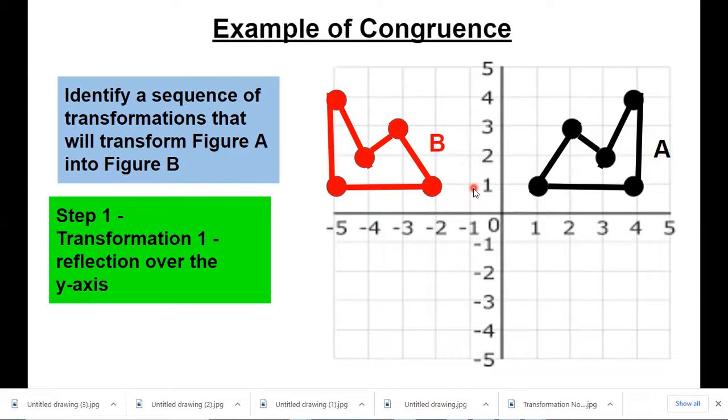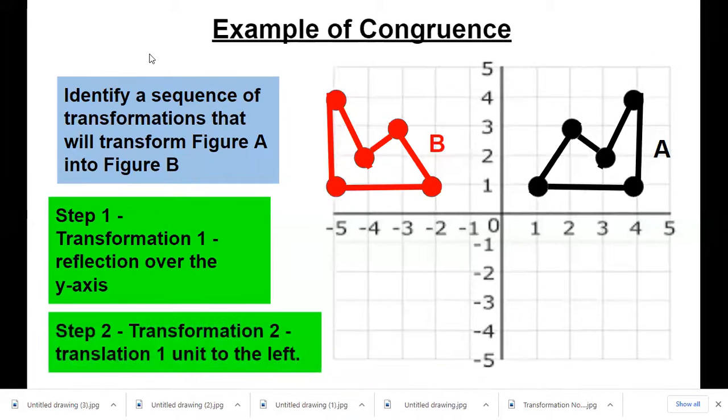So there must have been something else that happened besides a reflection. It slid, so there was a translation. How many units was the translation? 1 to the left. So the translation was 1 unit to the left. So you would be subtracting 1 from the x value.